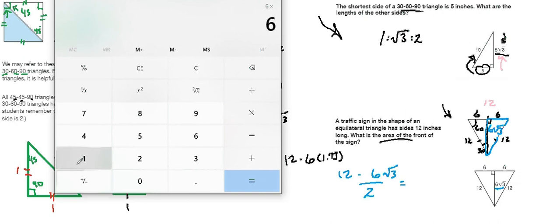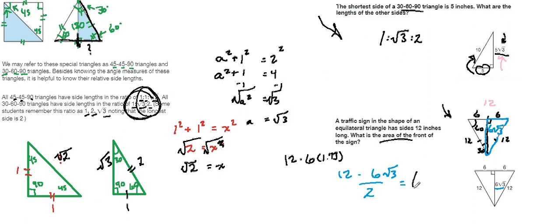Six times 1.73 times 12 divided by 2. 62.28. Let's check the book and see how I did. That would be inches squared because they asked for area.